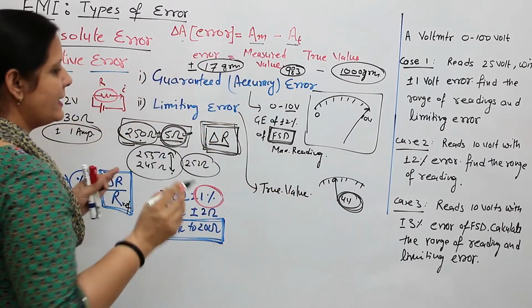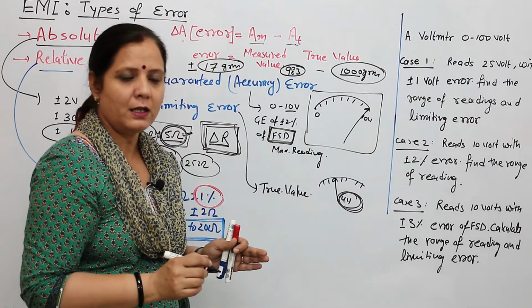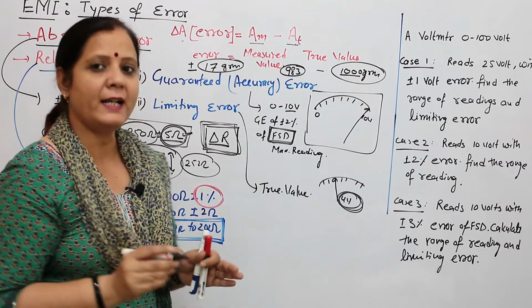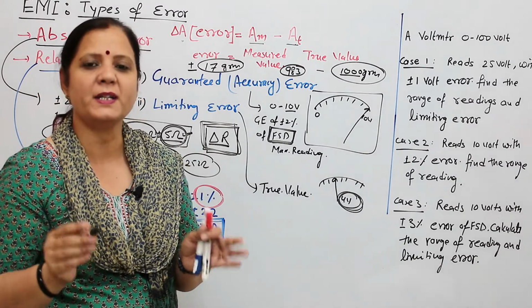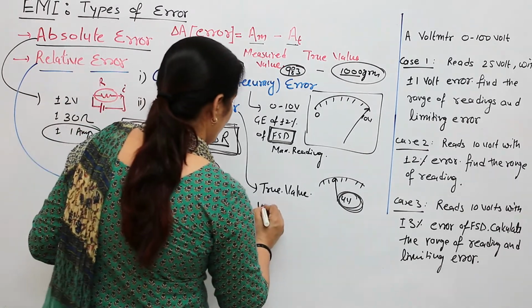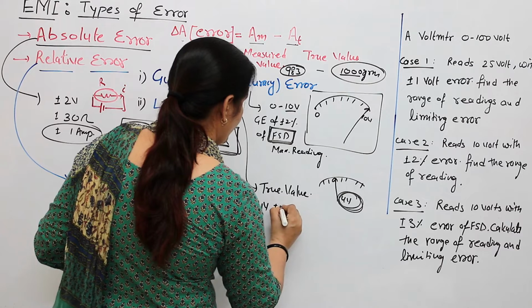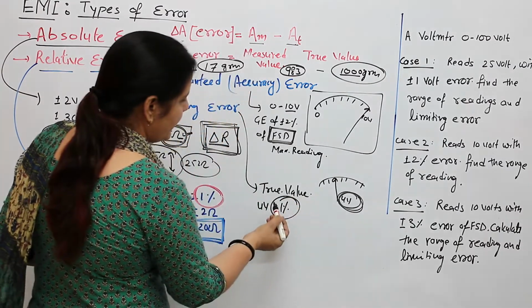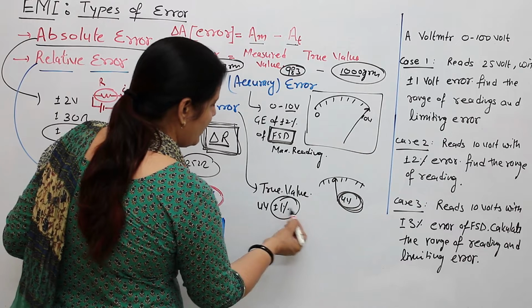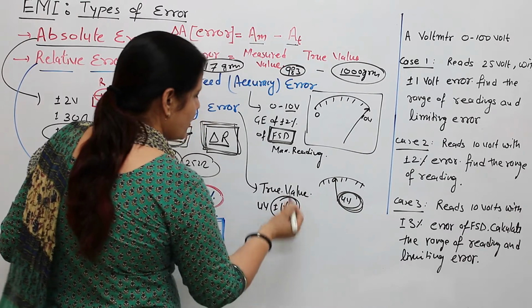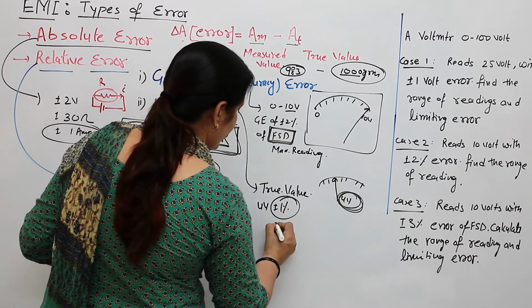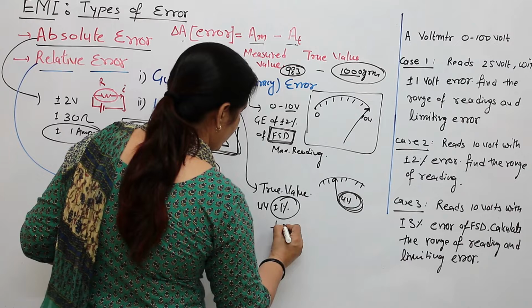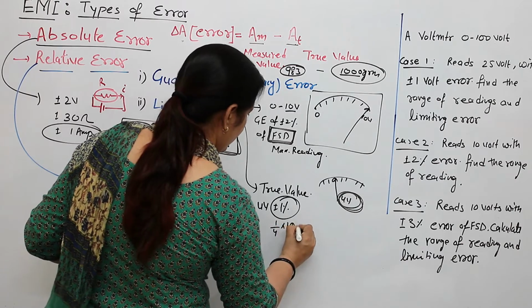Okay, so a voltmeter reads 4 volt with limiting error of plus minus 1%, it means I am talking that it can have a variation 1% of the 4 volt.